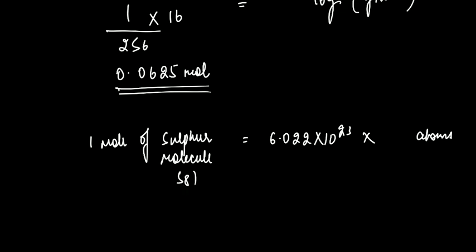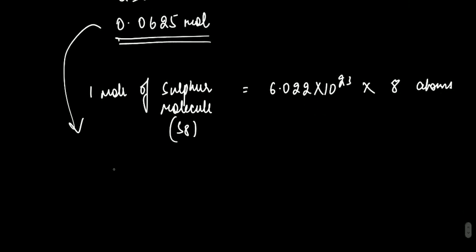We know sulfur molecule is octatomic, 8 atoms. Now if you don't do this, your answer will be wrong. If you get your number of atoms without multiplying the atomicity with Avogadro constant, that will be wrong. So now put the same number of moles over here because we want the number of atoms in 16 gram. Unless you link the number of moles, you won't be able to get the answer.